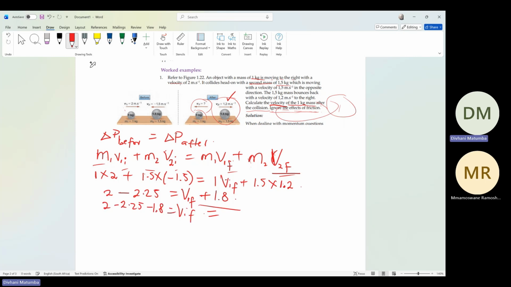So this will be 2 minus 2.25 minus 1.8. I got minus 2.05 meters per second. So V1 final is equal to minus 2.05 meters per second.